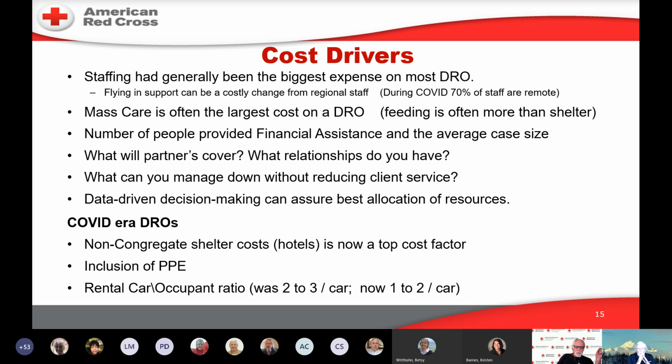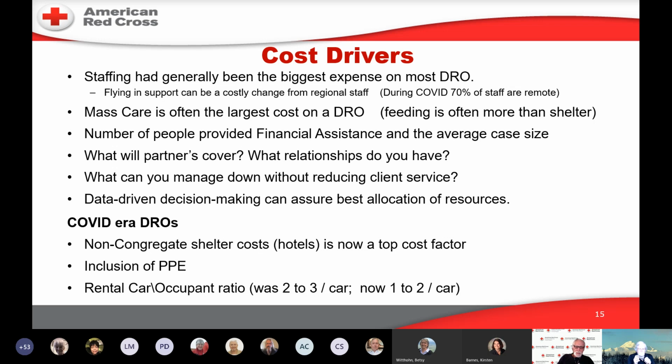What will the partners cover? World Central Kitchen has been great in that they often provide all the meals for the operation on their own fundraising. Salvation Army does that to a large degree as well. On the other hand, with some partners, they provide all the labor and the equipment to make the meals, but we provide all of the food that they cook.